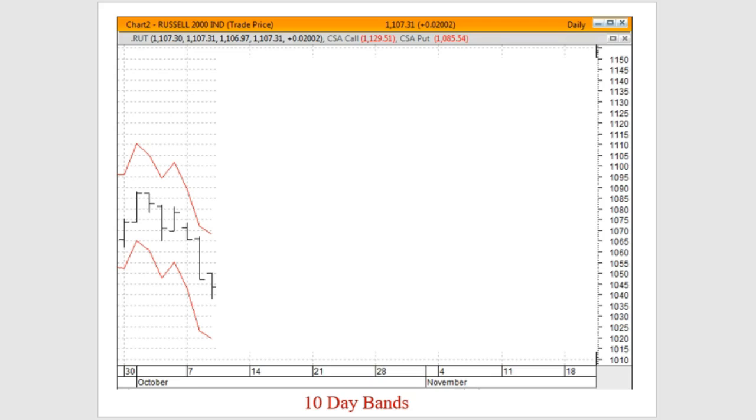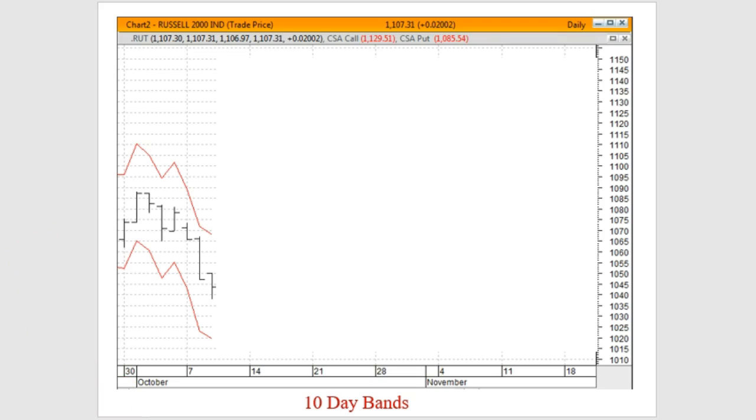Here's an example of 10-day bands using statistical volatility to determine it from the close. These bands are located one standard deviation above and below the close, 10 days out. So here's the idea.